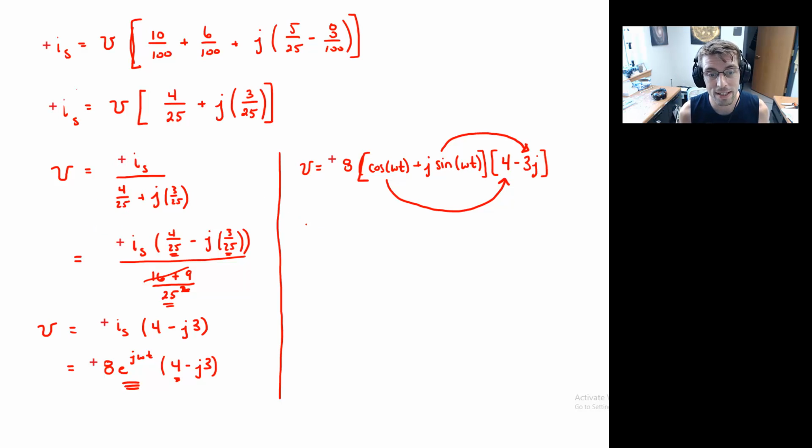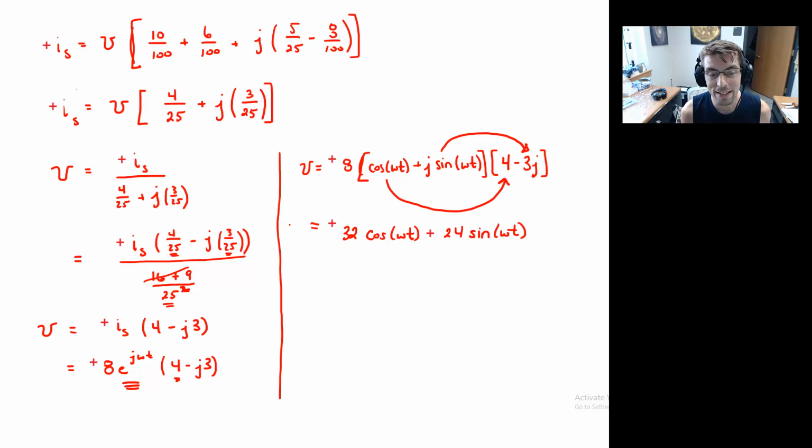So what do we have at the end of the day? We have something that says, let's see, negative 32 cosine of omega t negative. Okay. And then at the end of the day, I have a sine of omega t here.